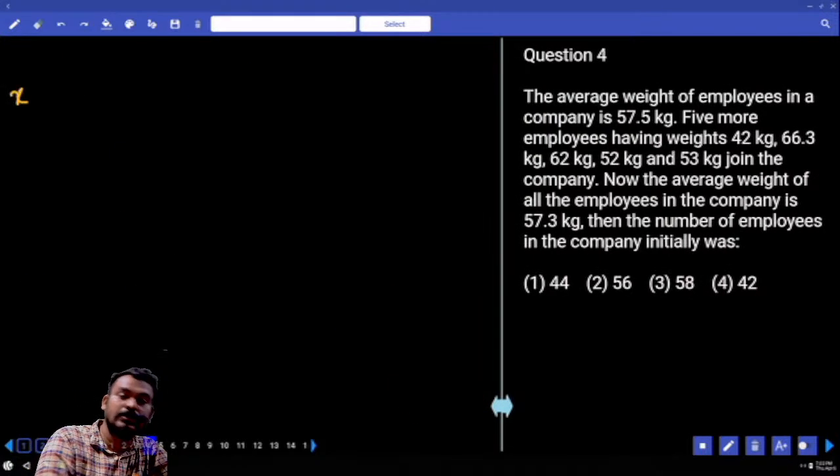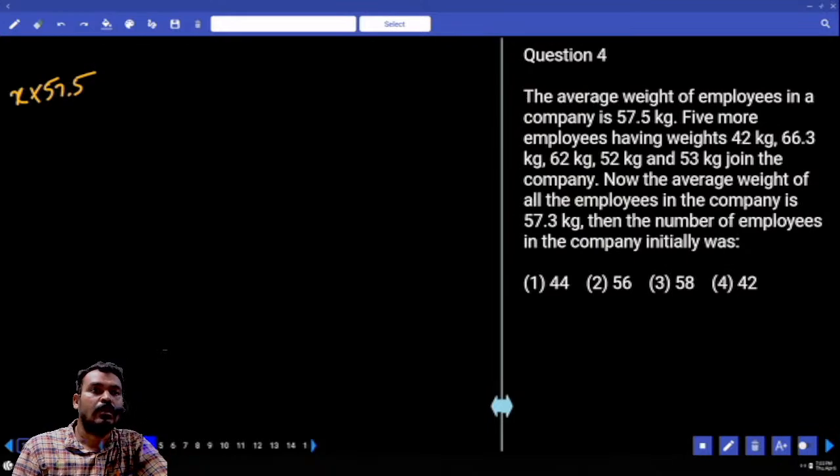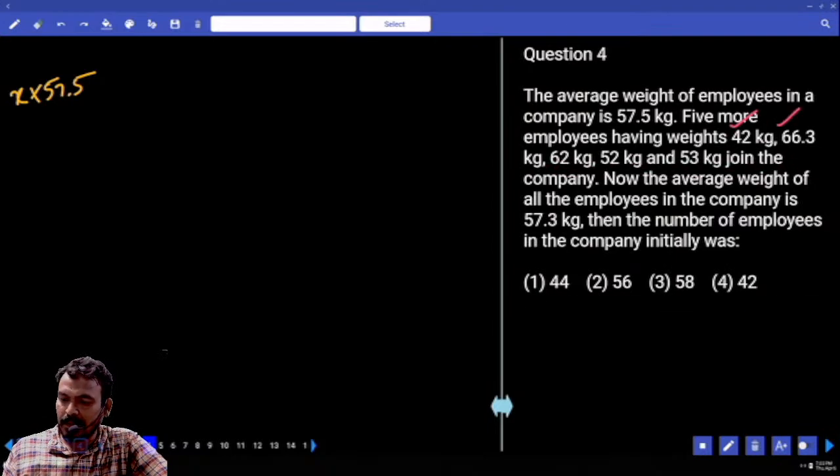Suppose the initial employees are X. The average given is 57.5. How many employees are added? 5 employees. The individual weights are given, so first we add the 5 employees' sum. 40 plus 60 is 100, plus 60 is 160, plus 50 is 210, plus 50 is 260.